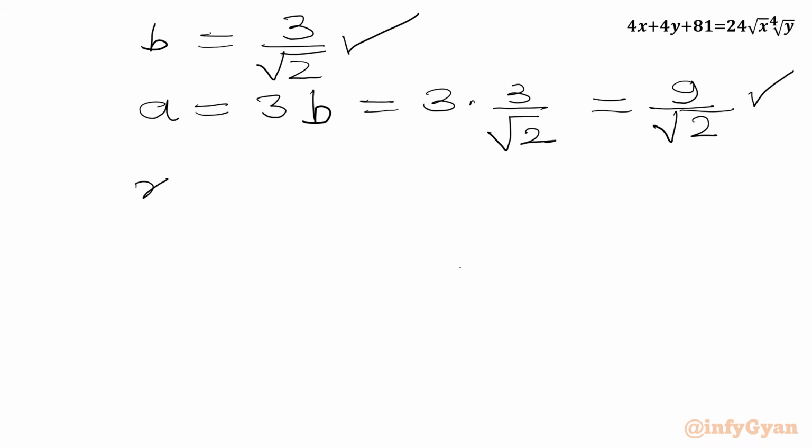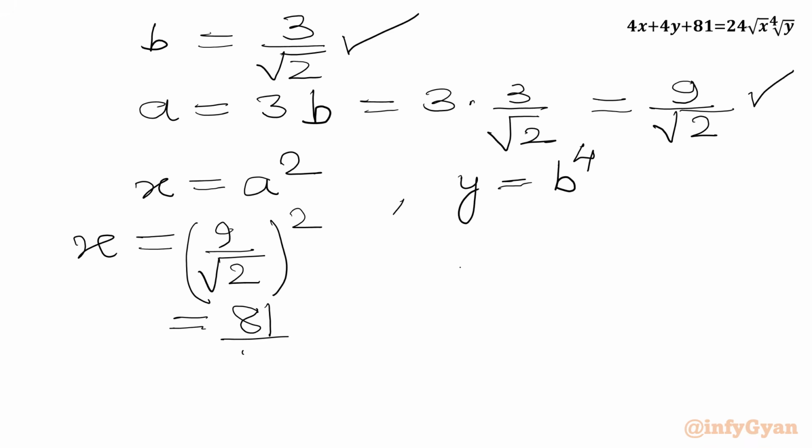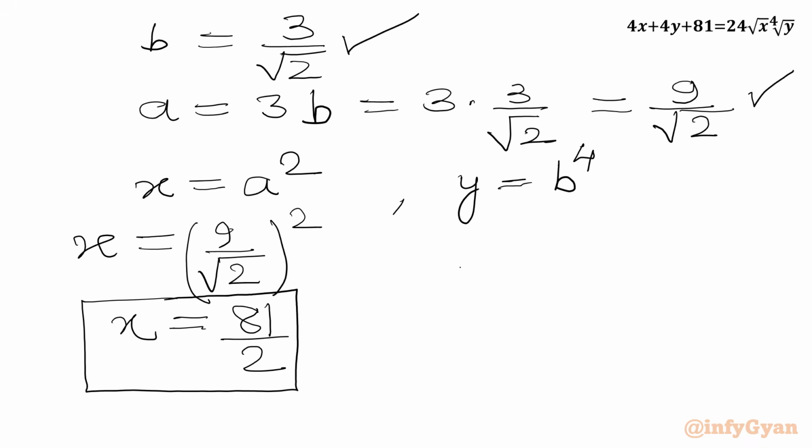So x will be equal to a square as per our substitution, and y will be equal to b power 4. So x will be equal to a square. A is 9 over root 2, and then we'll put power 2, which will give us 81 over 2. This is the real value of x, 81 over 2.